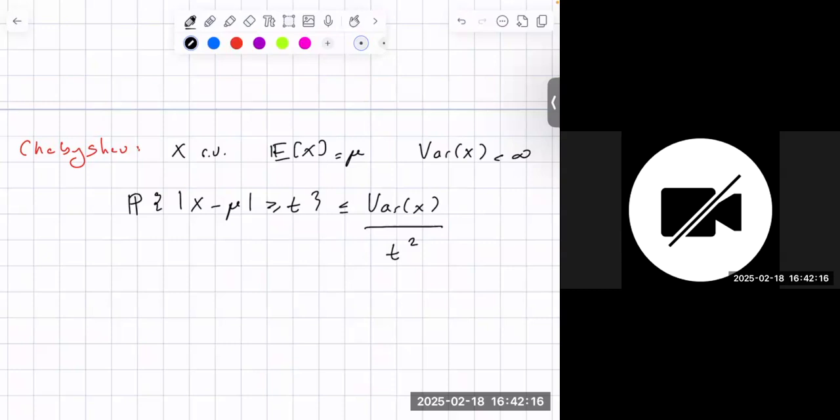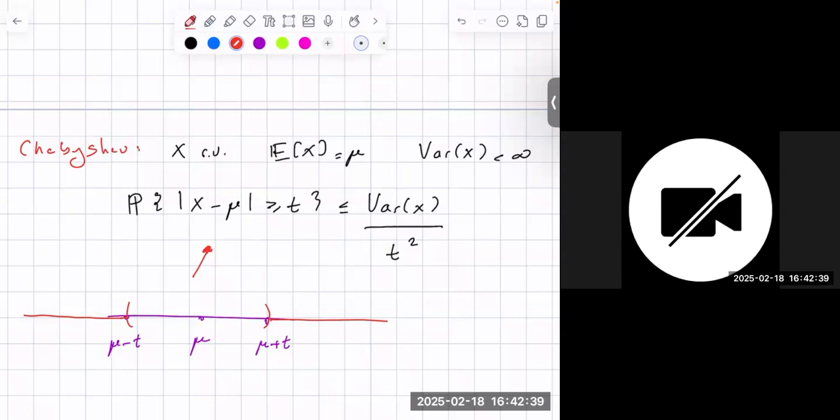So let me try to picture it. Let's say this was my real line. This was my average, mu. And here's mu plus t, and here's mu minus t. And now we are asking the probability of being outside of this bracket. This is what this thing here is telling you.